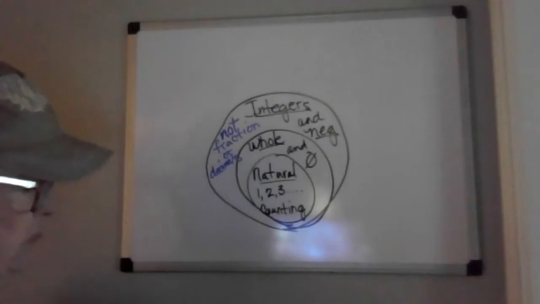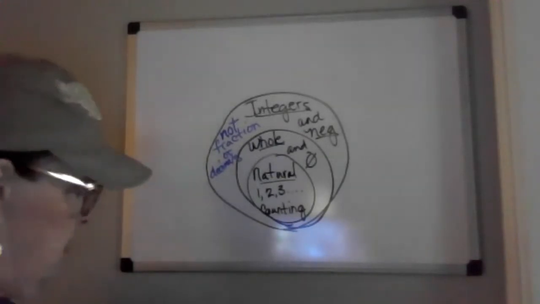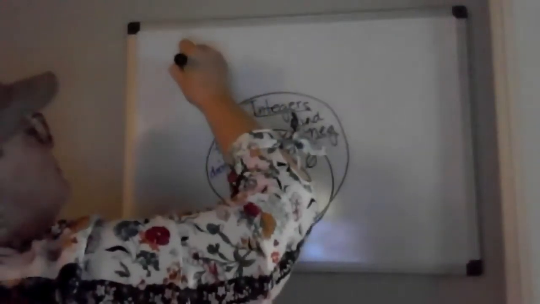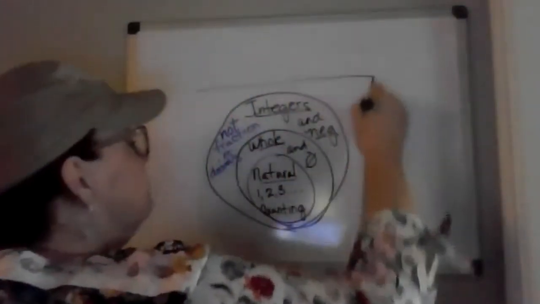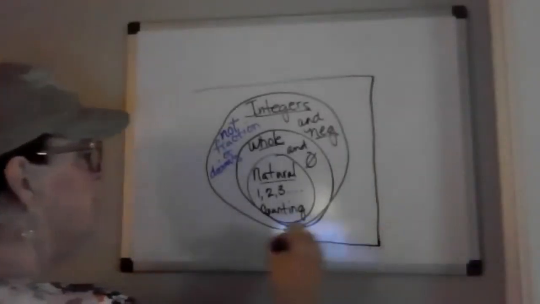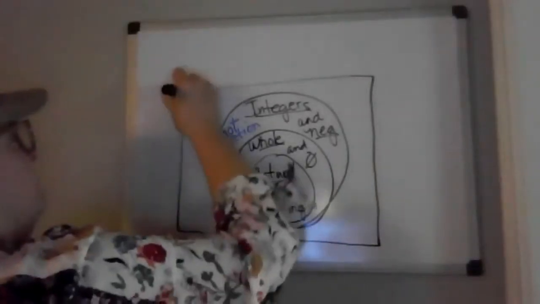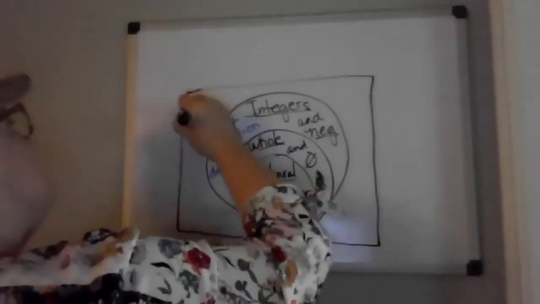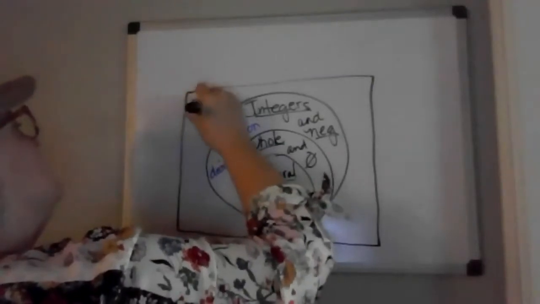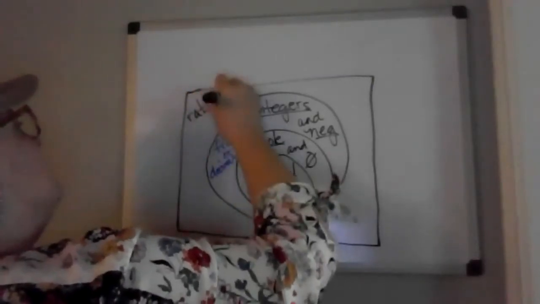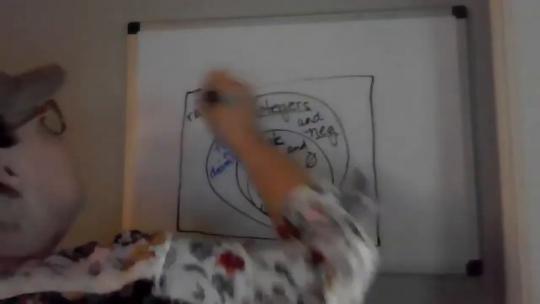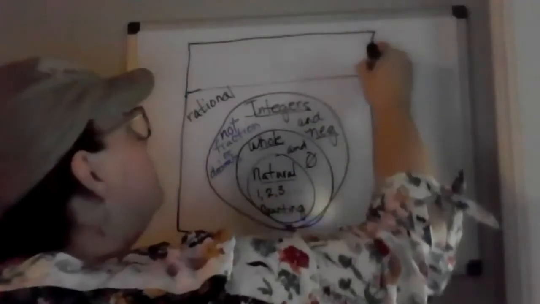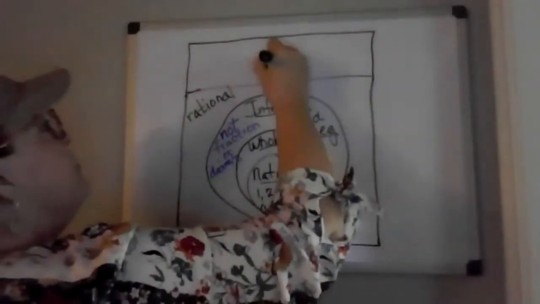Okay, and all of these are rational numbers. And then there's another batch called irrational.